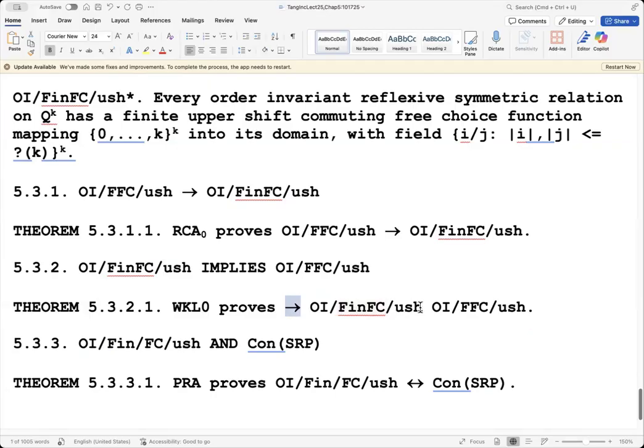Messed it up. Okay, how do you go from the finite to the infinite? That actually is quite tricky.